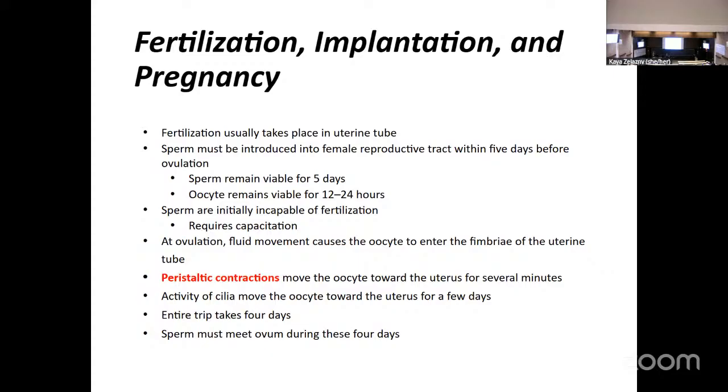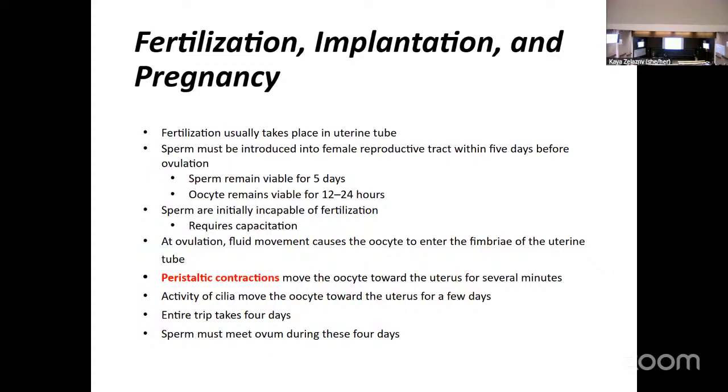It'll be on the next slide as well, but capacitation basically enables the sperm to start swimming quickly enough to actually move through the reproductive tract and changes their membranes a bit so that when they finally get to that egg cell, they can fuse with it. So that's going to require some changes.